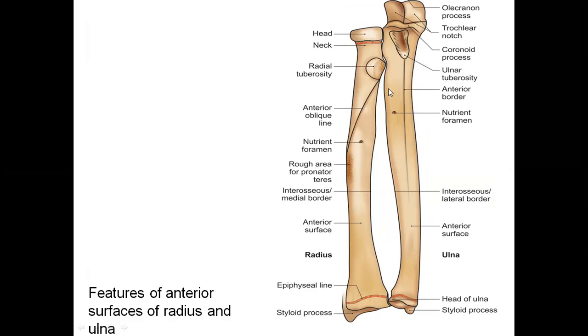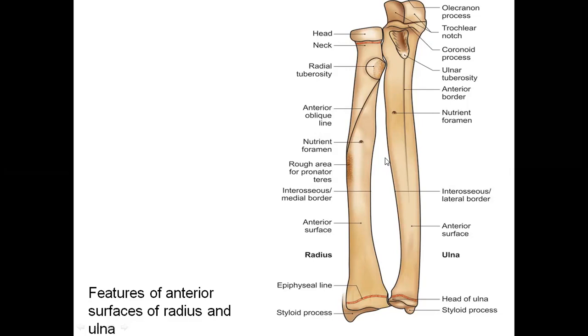The interosseous border here is away from the midline, towards the radius. That means the lateral border is the interosseous border for the ulna, whereas the interosseous border of the radius was the medial border. The interosseous border of the ulna is away from the midline, that's why it is the lateral border.